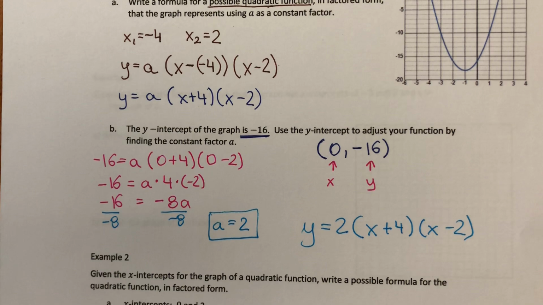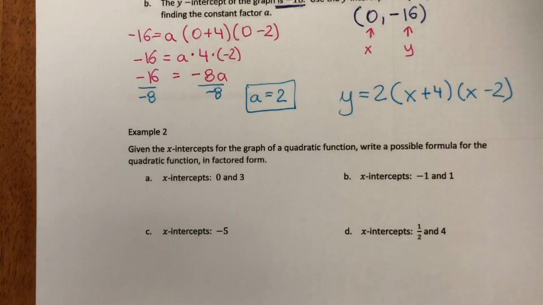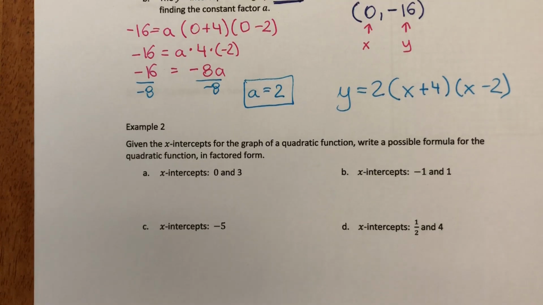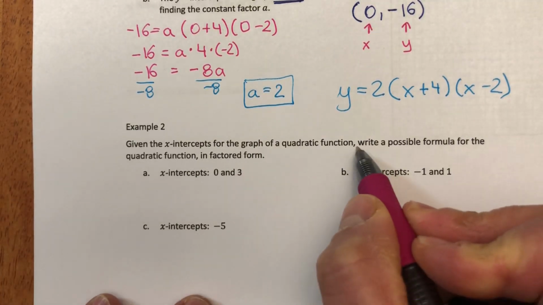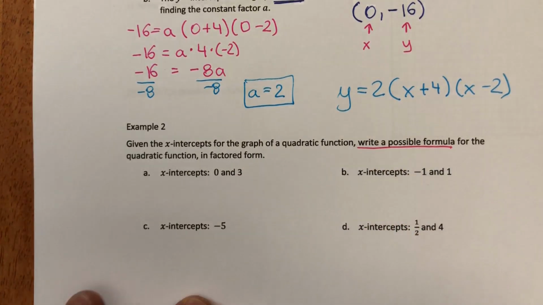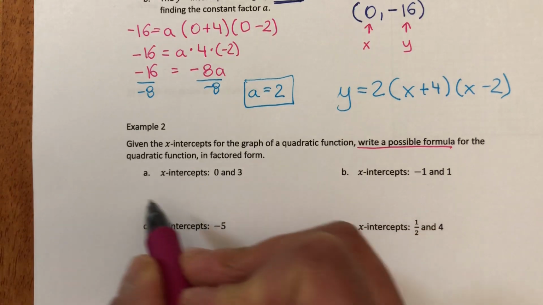All right, now you will also see examples that look like example number 2. I am going to do A and C, and then you are going to do B and D as your assignment. Notice that you are writing a possible formula for the quadratic function in factored form. For this one, you have your x-intercepts at 0 and 3.